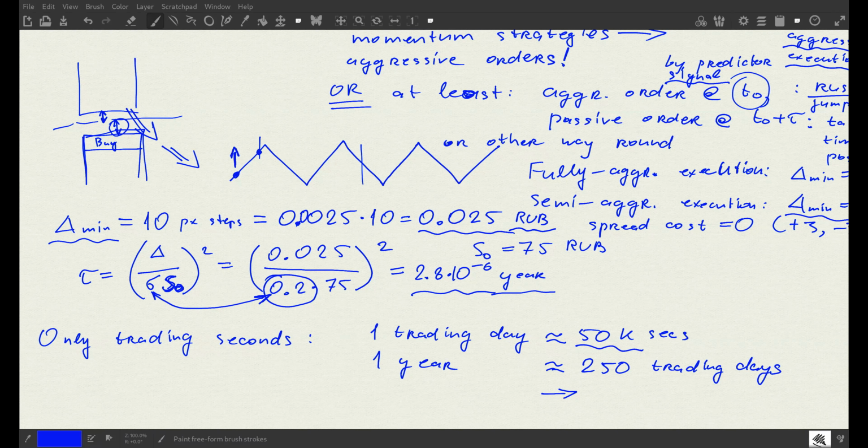12.5 million trading seconds. And therefore, this would translate into, canceling 10 to 6 and 10 to -6, 2.8 times 12.5, it is about 35 seconds.